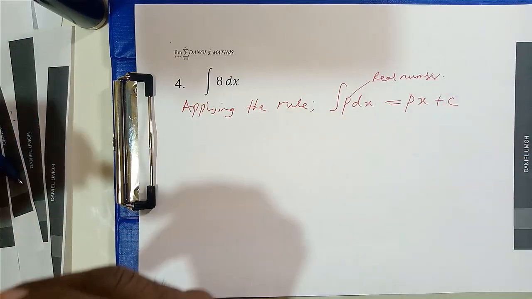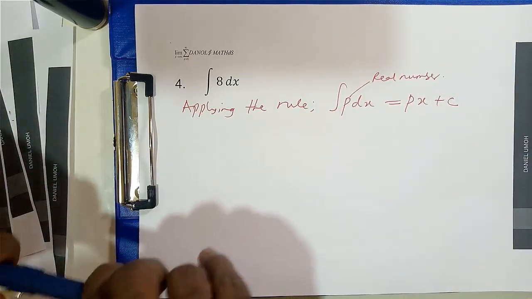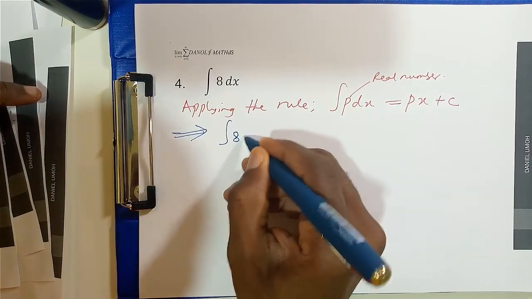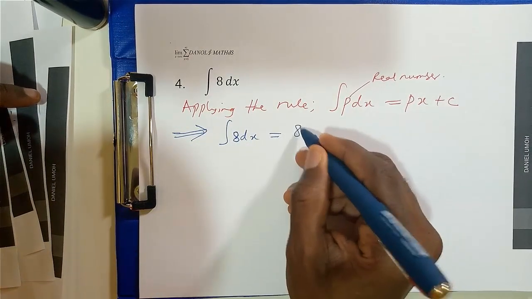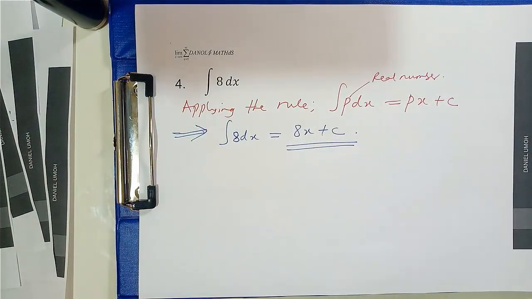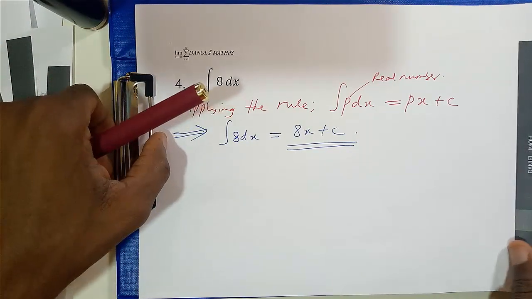So if I apply this rule, this means that integral of 8 dx is equal to what? 8x plus c. It's as simple as that. Very simple. Okay, now let's look at number 5.